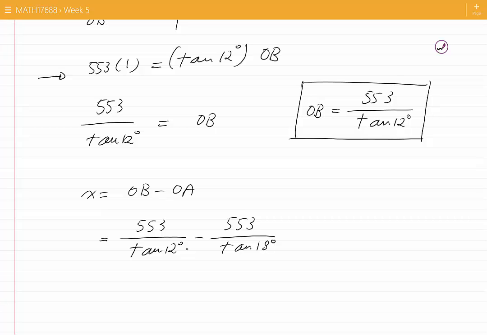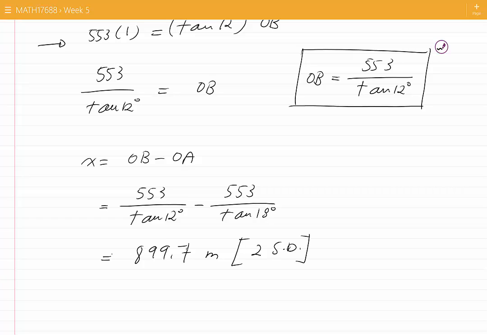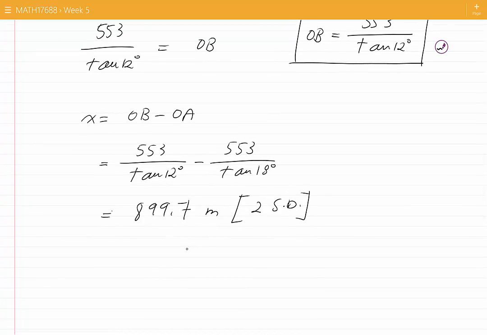If we use our calculators, we'll see that this becomes approximately 899.7 meters, and if we wanted to consider two significant digits, after rounding this becomes 900 meters.